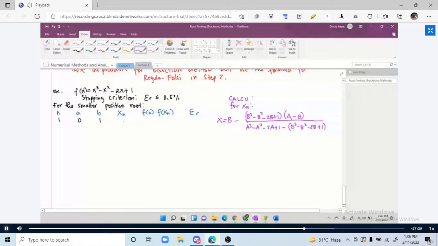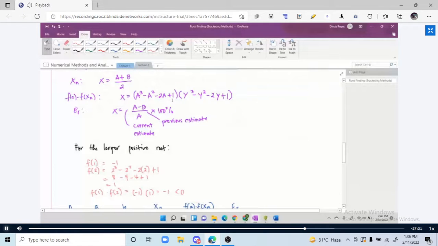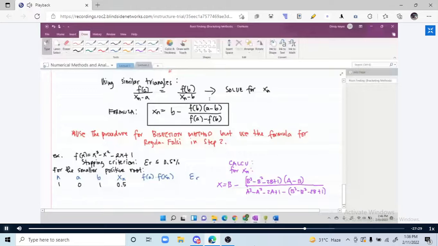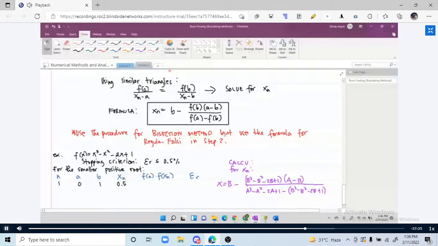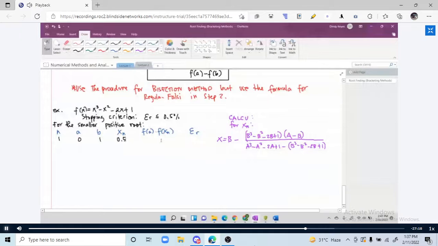Itong regular falsi, kukumputin. Regular falsi, kukumputin. Ayan, no? Meron tayong file. So, kung ano yung ginamit dito sa calculator a while ago, yan pa rin yun. Same thing. Kasi sabi ko, use the procedure for bisection method but use the formula for regular falsi instead. So, the sign of f of a times f of x sub n.